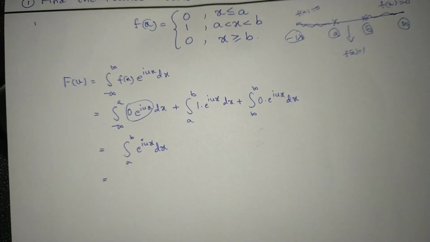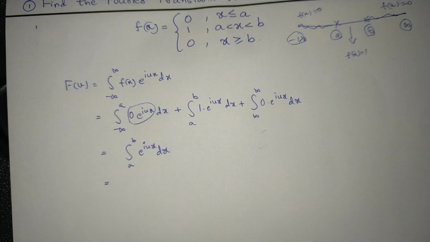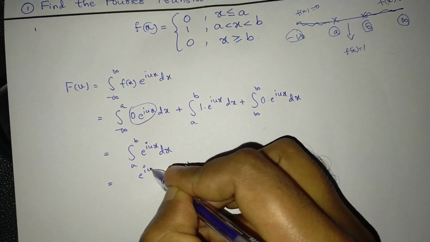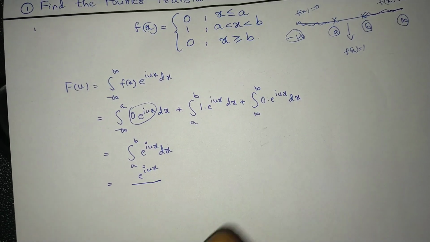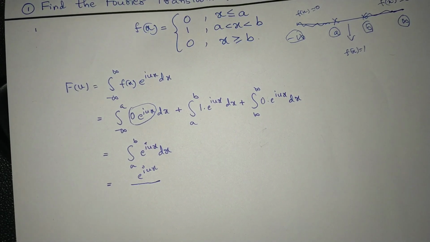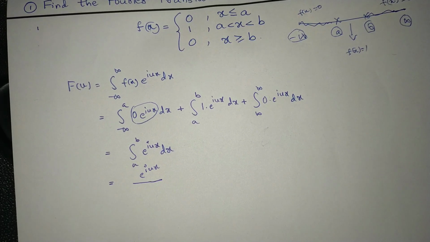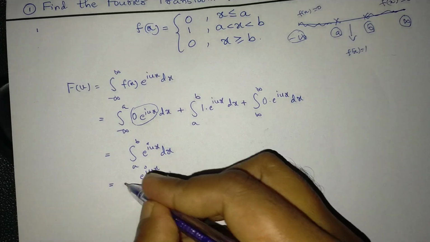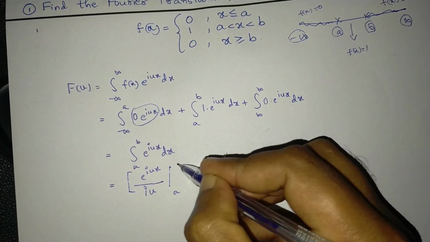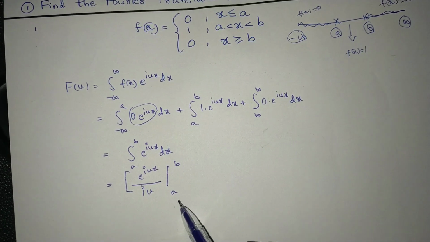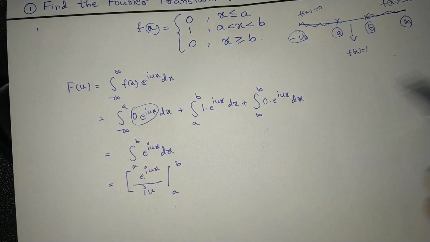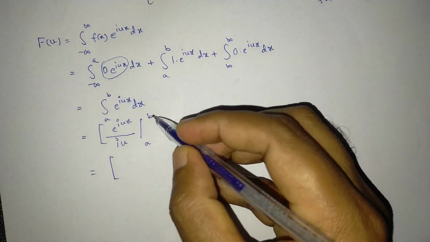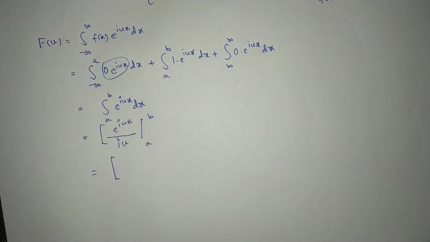Now we have to calculate the integration of this. We all know that the integration of e power i u x is e power i u x divided by the differentiation of i u x with respect to x, that is i into u. So we have to write the limits here, upper limit minus lower limit. Let us substitute x equal to b and x equal to a.